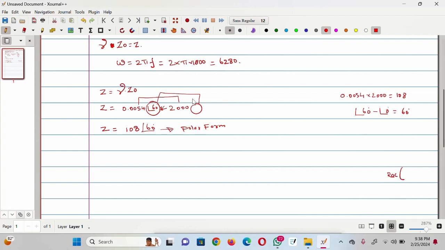Rectangular of 108 comma 60, enter, and one value will come, that is 54.